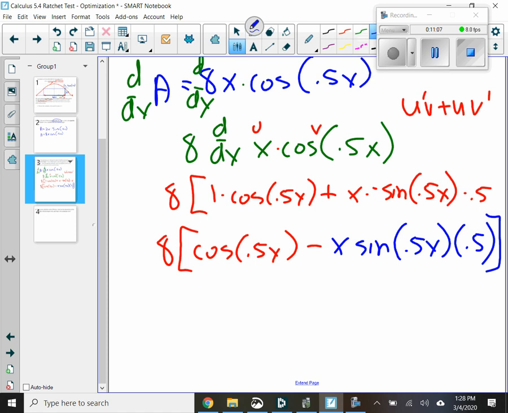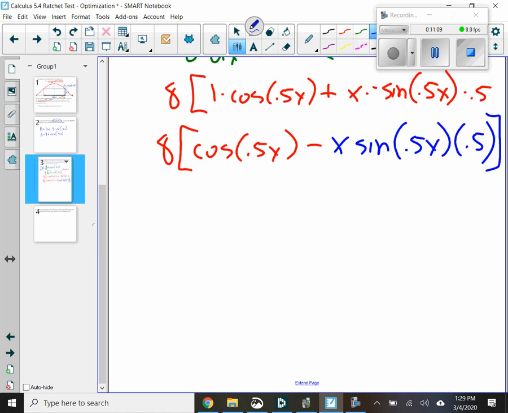Okay. All right. So I'm going to distribute my 8. Really, if you got that far, I'm fine with it. But I'm going to distribute the 8, so I have 8 cosine 0.5x. Now remember, this is a prime, the derivative of the area. 8 cosine 0.5x minus, well, now the 8 times the 0.5 is going to give me 4.